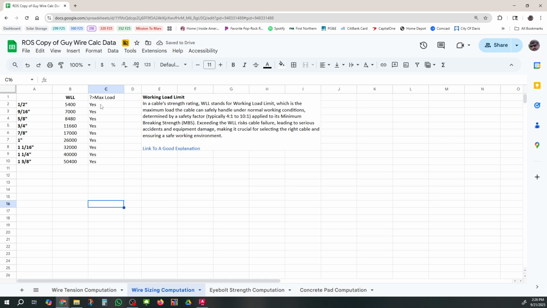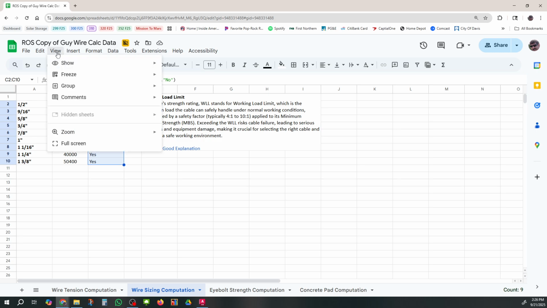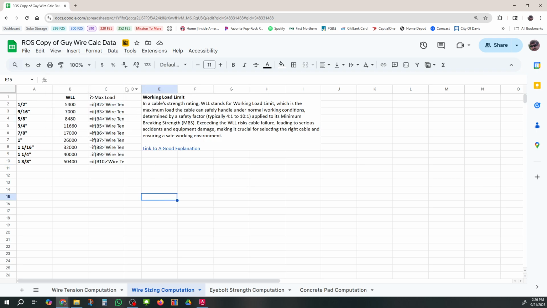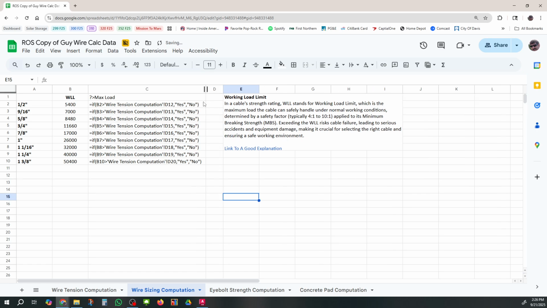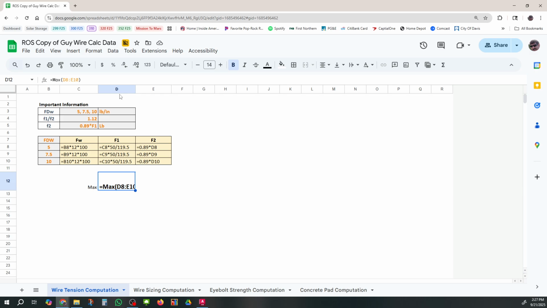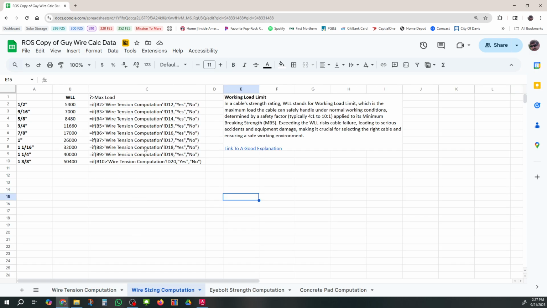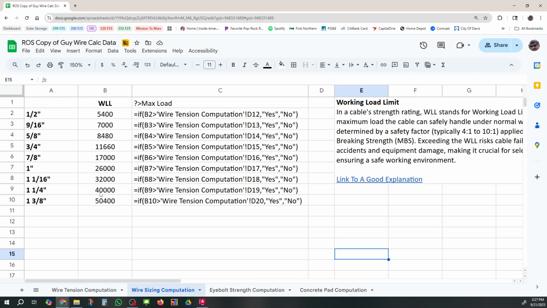So let's see what these look like again when I view them as a formula. That's the syntax. Syntax means the way you write it. If the one next to it is bigger than whatever I found in D12 of this sheet, then that's the comma, yes, else, no. And I'll make that a little bit bigger for you.